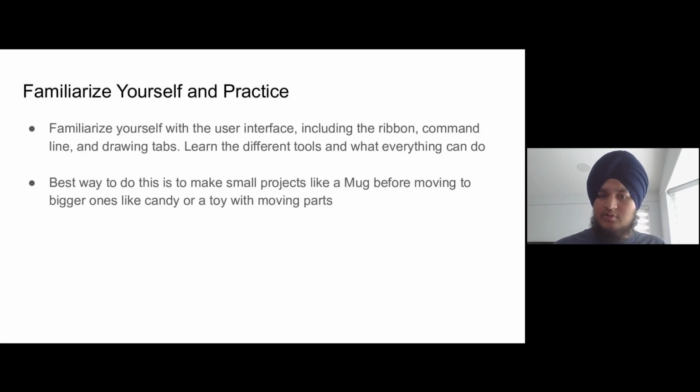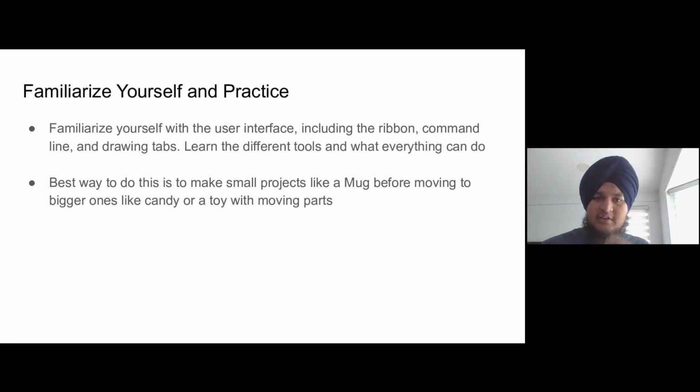So the best way to get started and get better at CADing is to understand the user interface, because each interface will be unique for a software, and it will always be complicated and overwhelming in the beginning. You will see different tools with different names like extrude, sketch, construct, with different icons, and you'll always be confused what these mean.